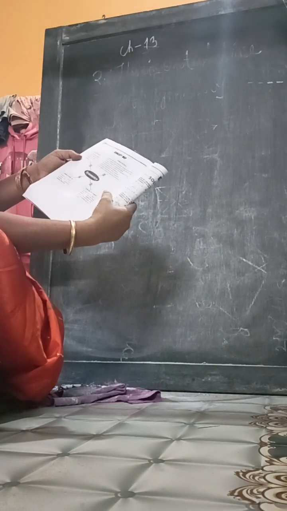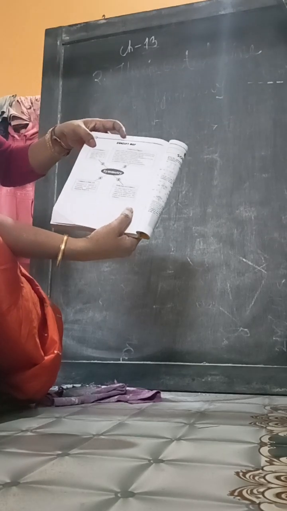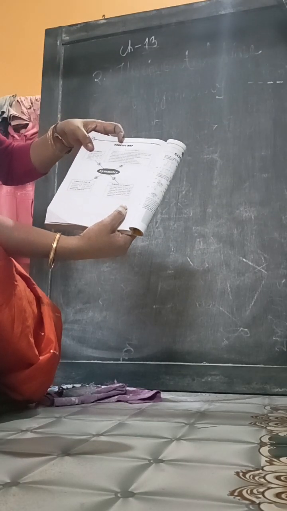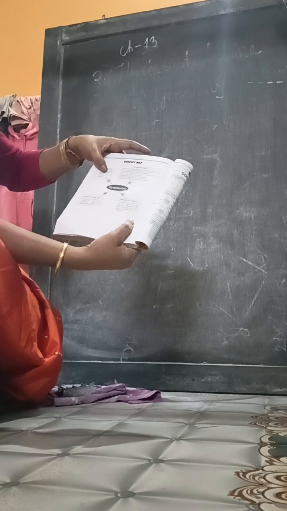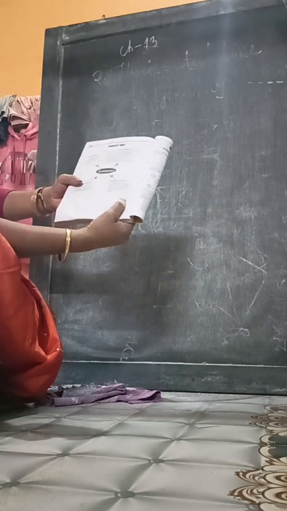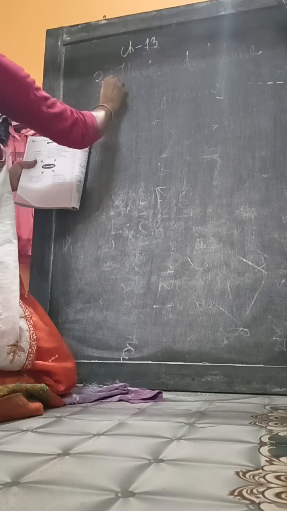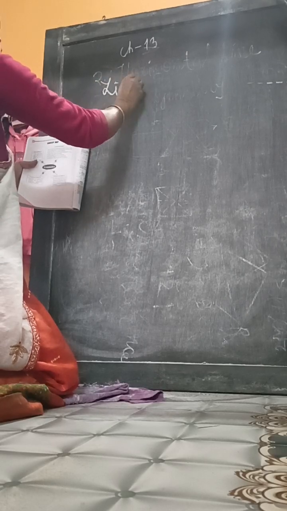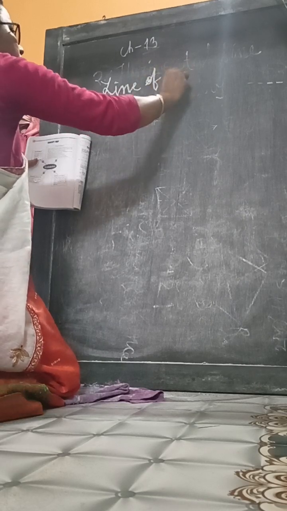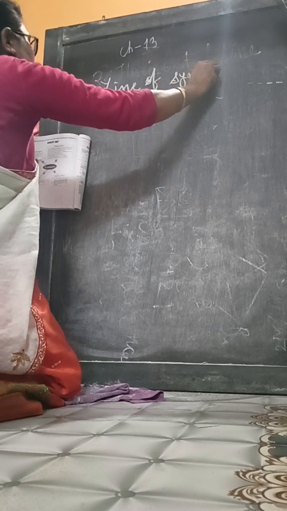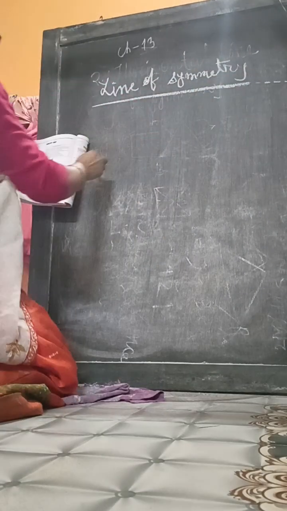Now this is the concept map. What is a line of symmetry? A line which divides a given figure into two identical halves is called the line of symmetry. You can write: line of symmetry. What is a line of symmetry?